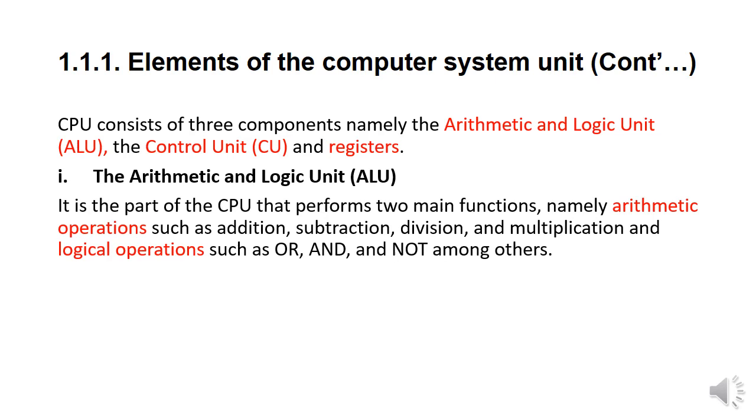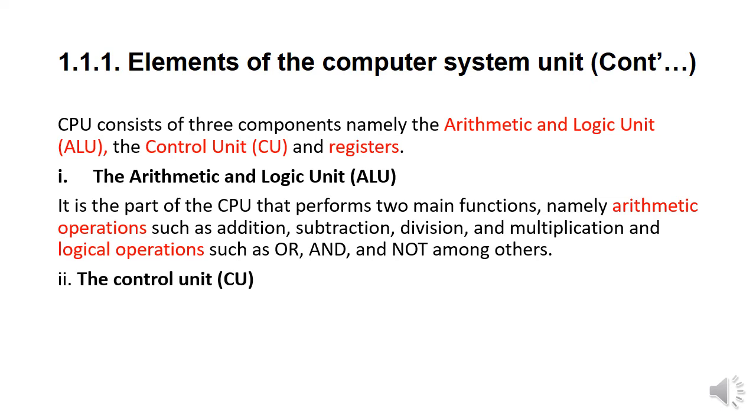This is the part of the CPU which is used to perform arithmetic operations like addition, subtraction, division, and so on, and logic operations like AND, OR, and NOT, because a computer is a tool which is used to make decisions by comparing input data.